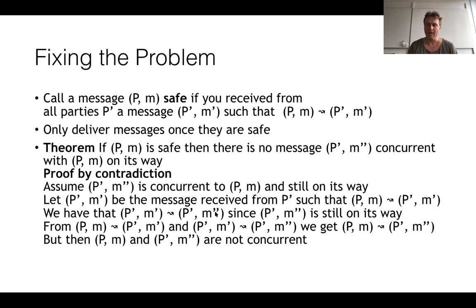Why? Because I have assumed that the message M prime prime from P prime is still on its way, whereas (P prime, M prime) is also a message from the same P prime, and I already received it.